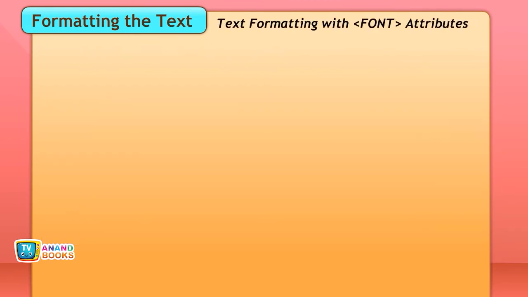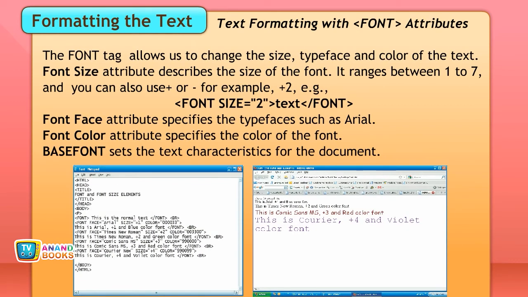Text formatting with font attributes. The font tag allows us to change the size, typeface and color of the text. Font size attribute describes the size of the font. It ranges between 1 to 7 and you can also use plus or minus, for example, +2.